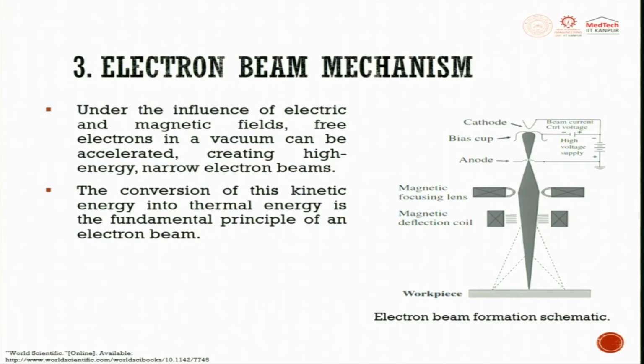The electron gun creates electrons. These jets of electrons enter the focusing system, where magnetic focusing lenses are present. Why? Because it is an electron, and it can be focused or defocused using a magnetic field.